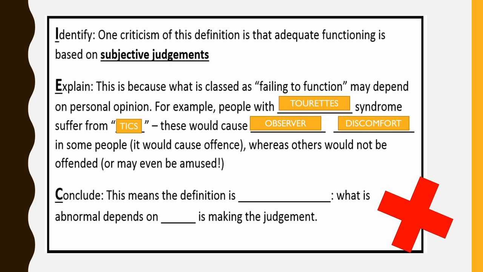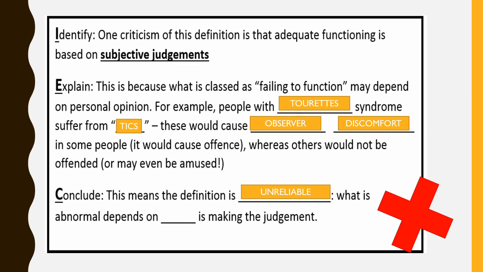So for one person, it might be totally abnormal, a sign of a mental illness. For other people, it does not cause any offence. So using that characteristic of observer discomfort to define someone as being abnormal doesn't work. It's entirely subjective.